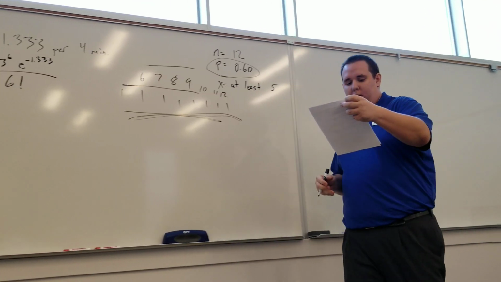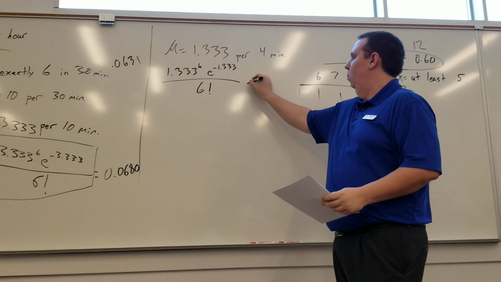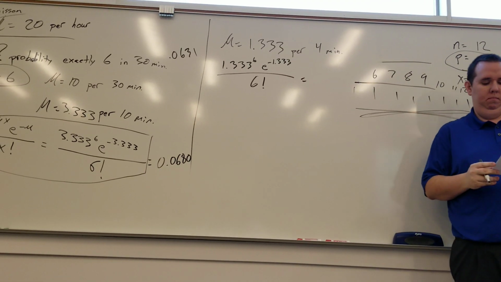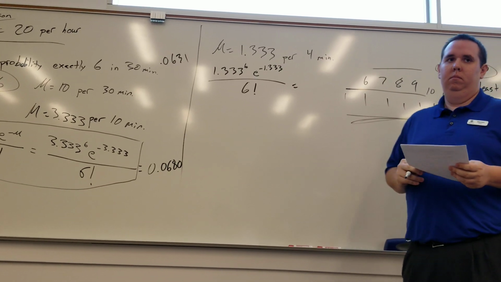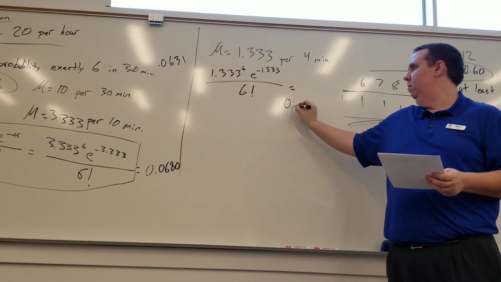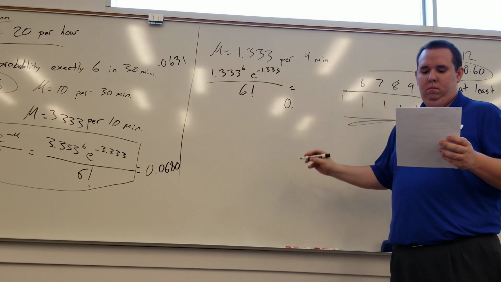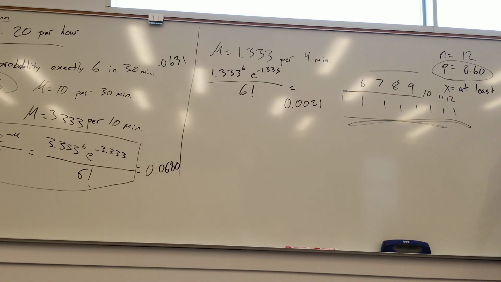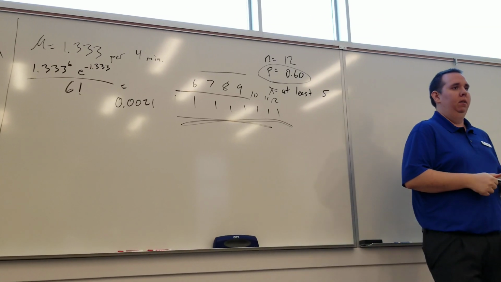So when you do all of that, what do we get as our probability? 0.0021. Right, so that's 0.2% chance of happening. So 6 people coming in 4 minutes probably isn't going to happen.